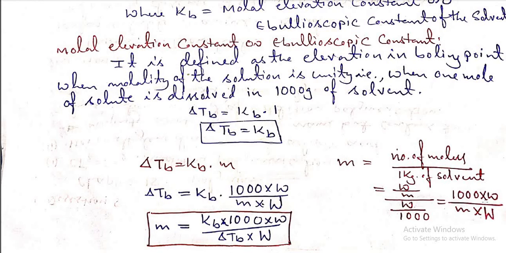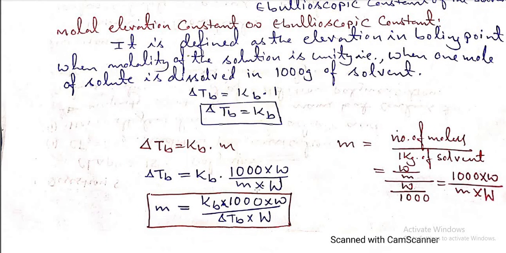When you simplify it, it becomes 1000 into small w divided by small m into capital W. If you substitute this value for m in this equation, finally the molecular mass of the solute will be equal to Kb, the molal elevation constant, into 1000 into small w, the weight of solute, divided by delta Tb, the elevation in boiling point, into the weight of solvent in gram. This is the final expression that we have derived for the elevation in boiling point.